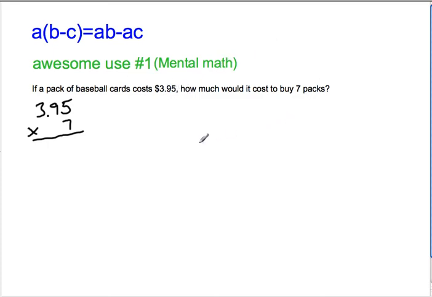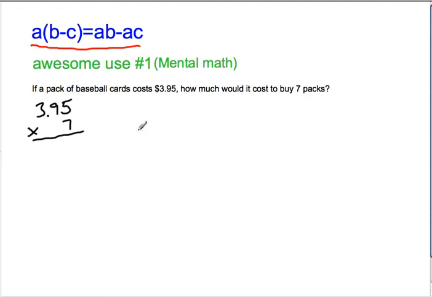So we can use the distributive property to make this a mental math problem. Here's the problem we're trying to work out, and if we could just make it look like this, then we could use mental math. So what we can say is we want something times something. Well, we have that, but 395 isn't a real easy number to multiply with.